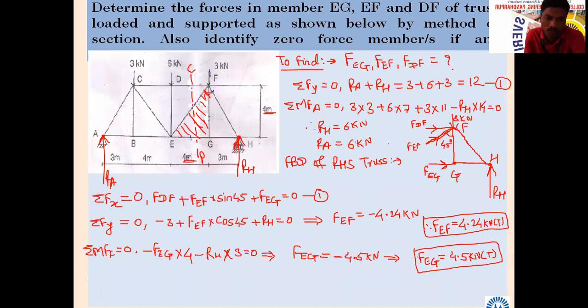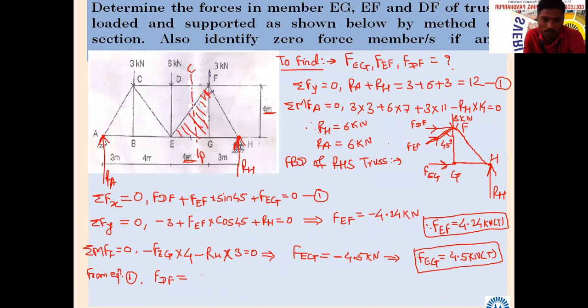And last, from equation 1, what value will you get? कुठली राहिली व्हॅल्यू आपण? F_DF. Yes, sir, F_DF.